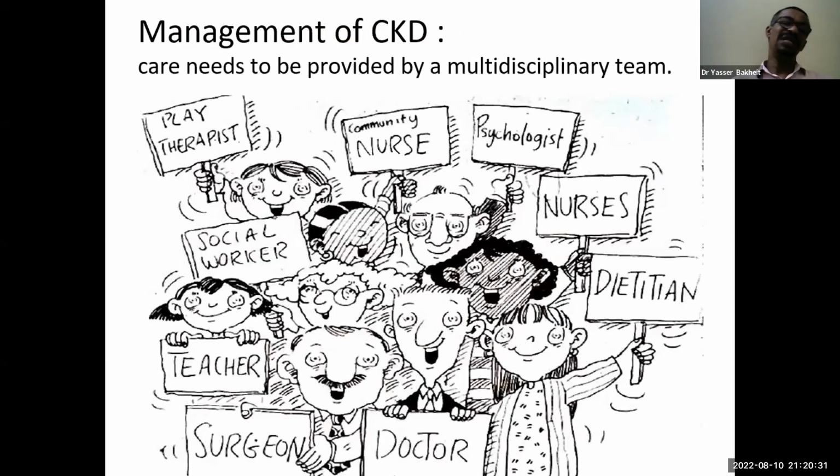So the management is by a multidisciplinary team for management of chronic kidney disease: play therapist, community nurse, radiology nurse, dietitian, doctors, surgeon. Everyone can share in, even the society can share in the management of chronic kidney disease.